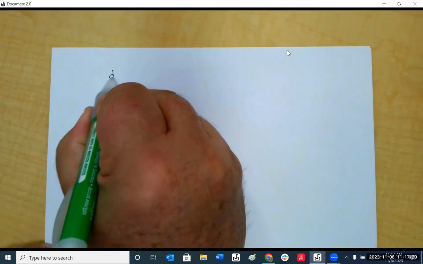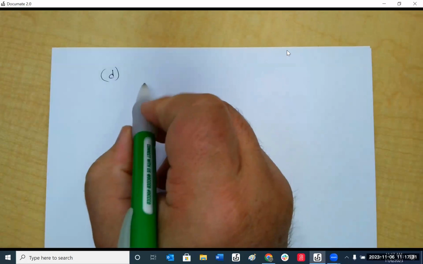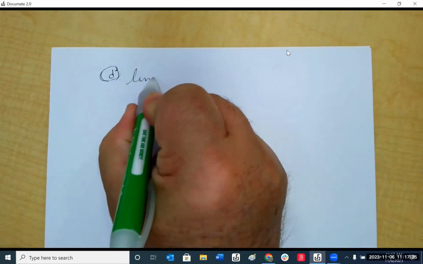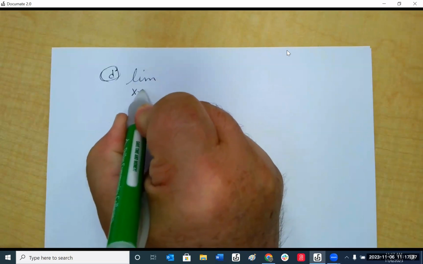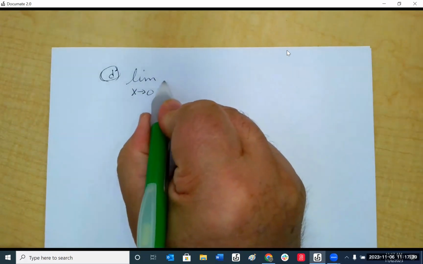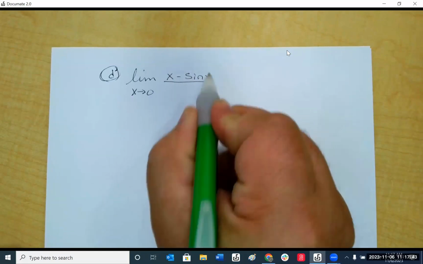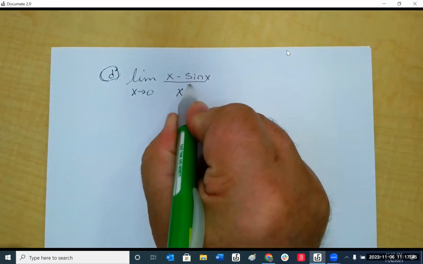Let's look at D. The limit as x approaches 0 of x minus sine x over x cubed.